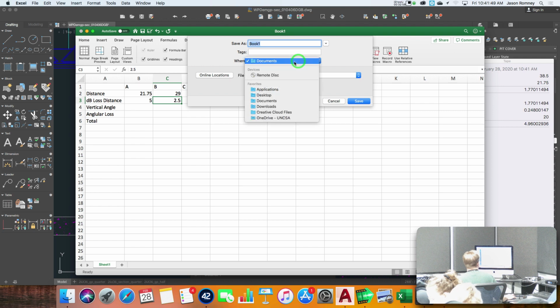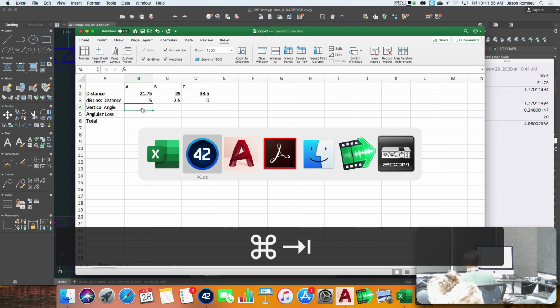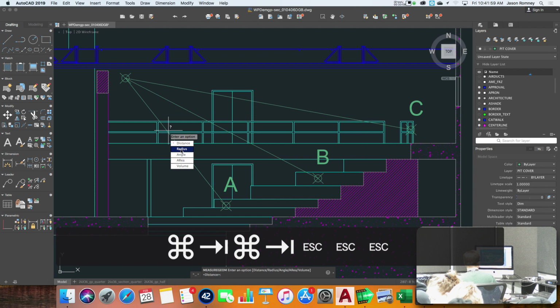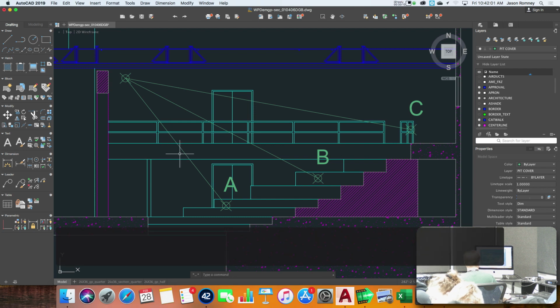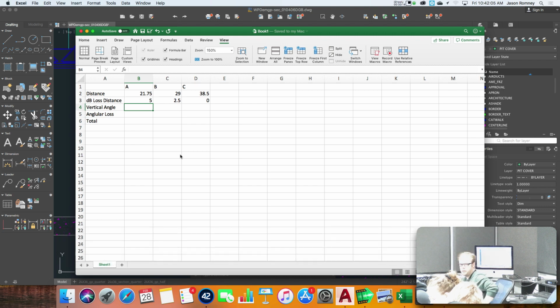OK. So let's take a look at angles now. So just knowing the fact that the dB is 5 for A, would that already tell you that you might want to go down with your aim point a little bit? No, this is normal. Oh, OK. The whole point is the front row is louder because it's closer.